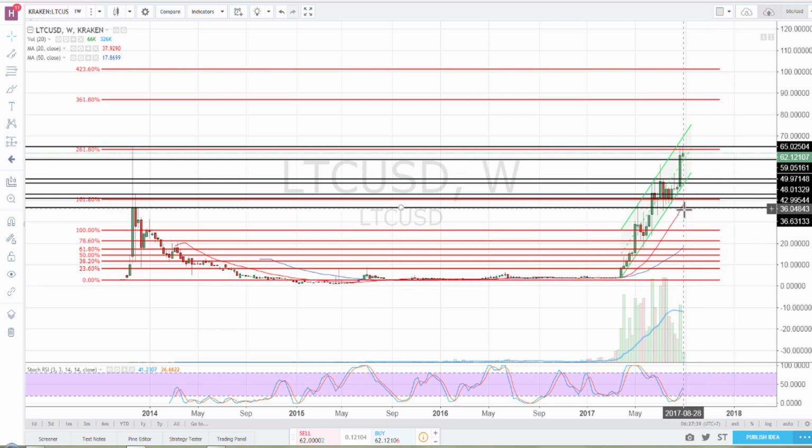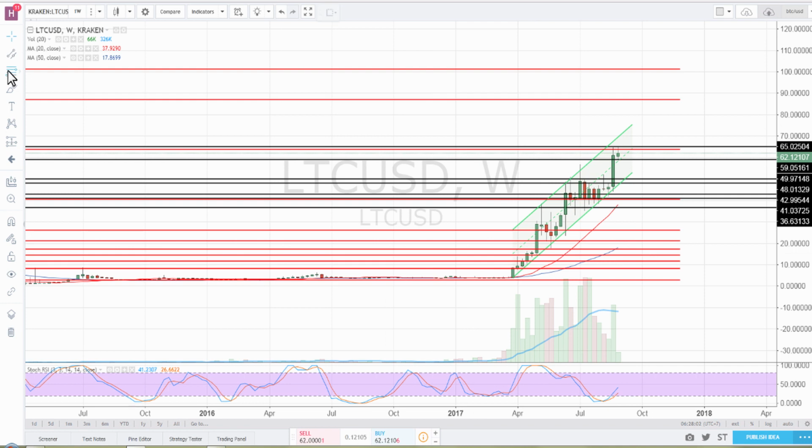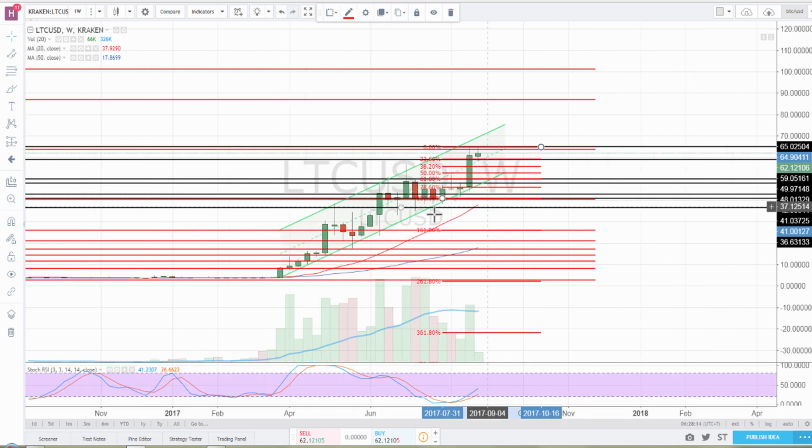Now we are quite far from the moving averages, and we are at the top of this uptrending channel, so we could expect some correction here in the short term. If we use the Fibonacci retracement tool on this last wave from bottom to top, the level of 61.8% matches perfectly with this support and resistance line as well, which is $50 per Litecoin.